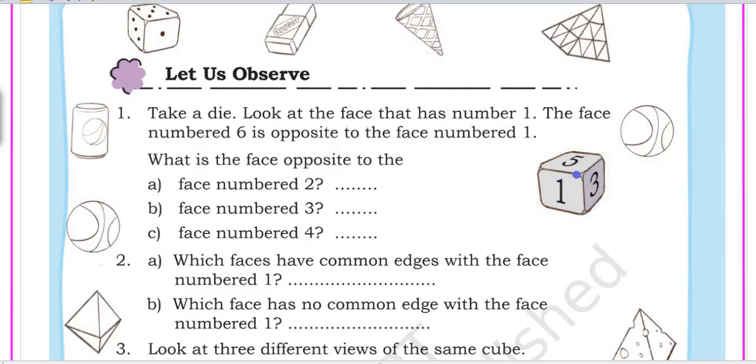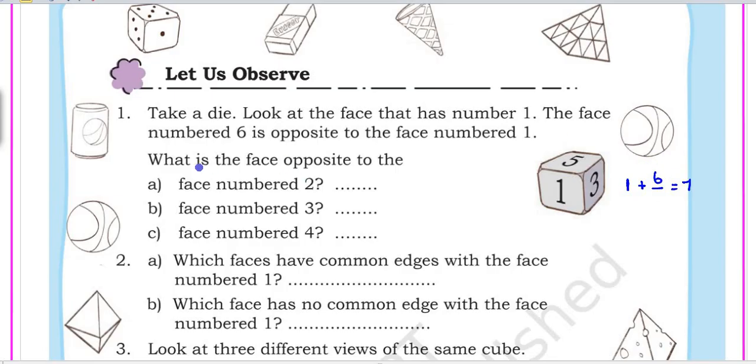Why? Because the sum of two opposite faces is equal to 7. We have learned this just now. 1 plus what is equal to 7? 1 plus 6 is equal to 7. Therefore the opposite face must be 6.